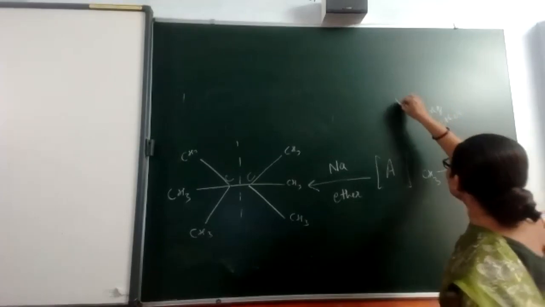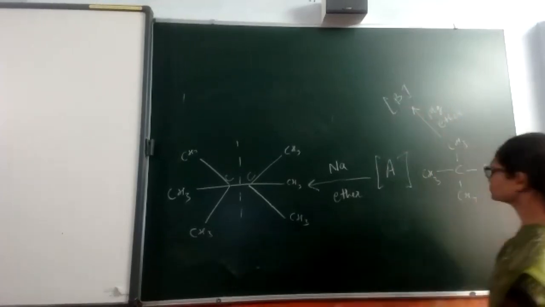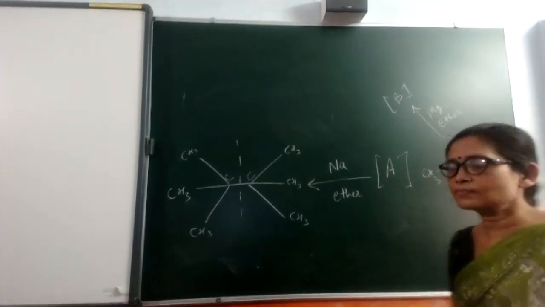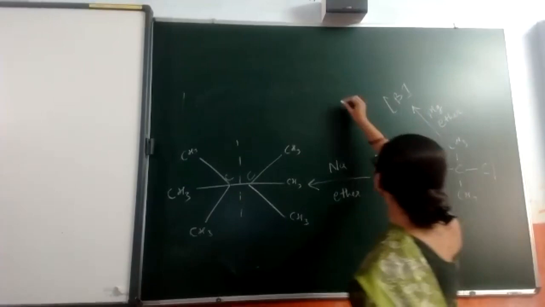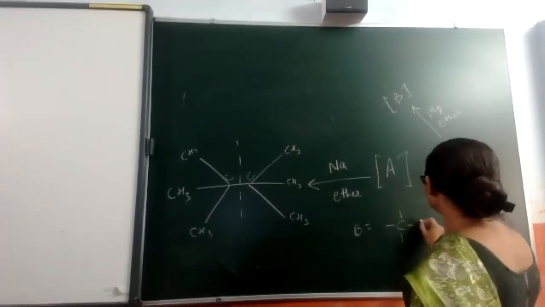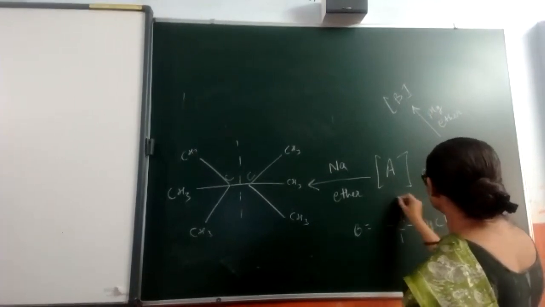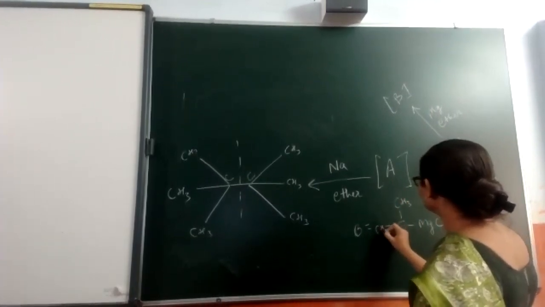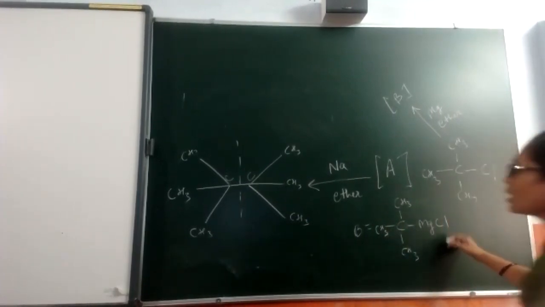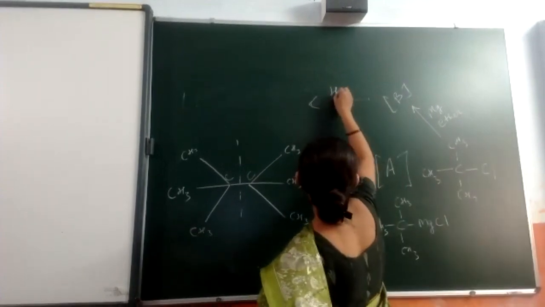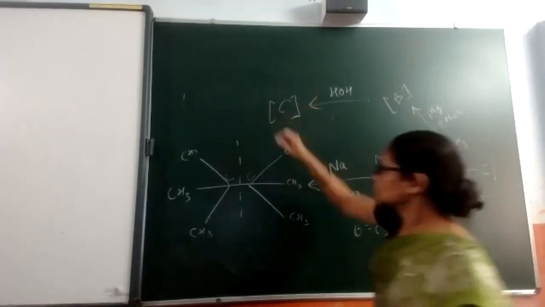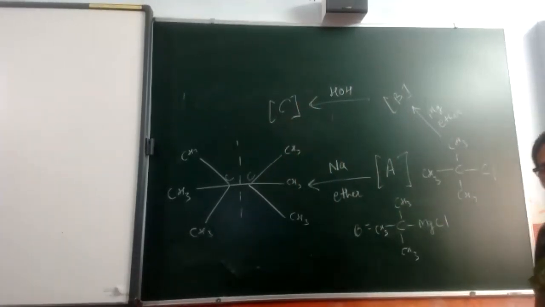Then you make the other compound B. Again the same, you will get the Grignard reagent. So you will get B. This will be B. And if you hydrolyze it, then you will get C. That is a pure hydrocarbon.